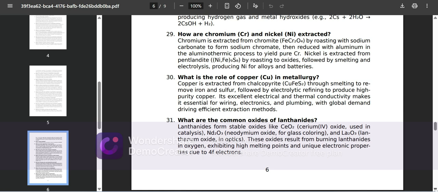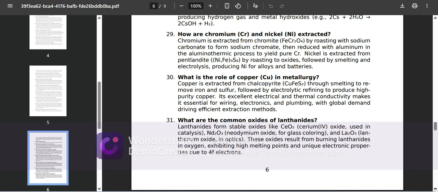How are chromium and nickel extracted? Chromium is extracted from chromite, FeCr2O4, by roasting with sodium carbonate to form sodium chromate, then reduced with aluminium in the aluminothermic process to yield pure chromium.